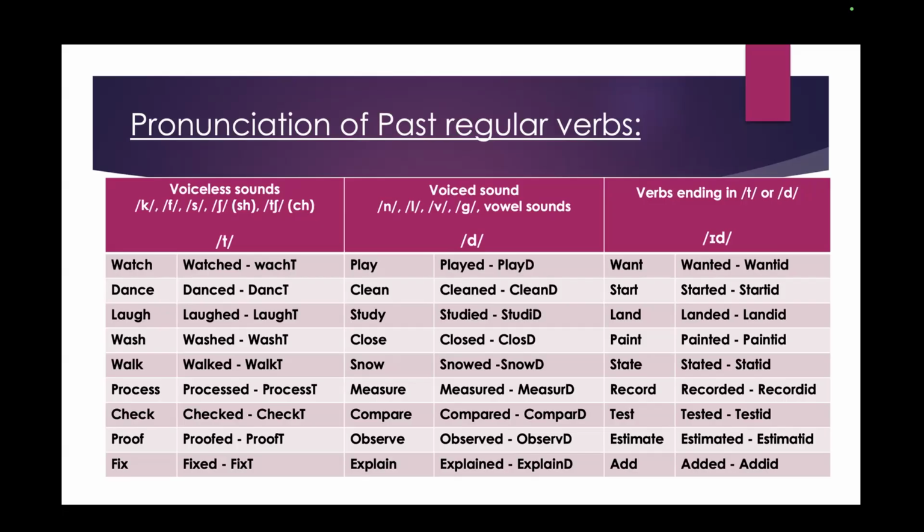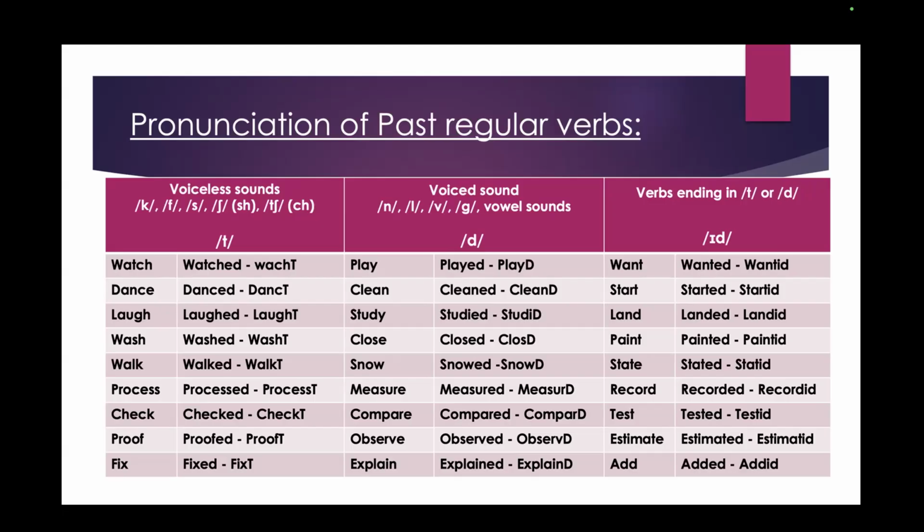So again, although there is a rule, we can try to memorize verbs ending in T or D, like want, start, land, record, that need to sound with the ed if we are using the verb in the past. But again, it's a matter of practice, and you will intuitively, without thinking too much, pronounce it correctly.